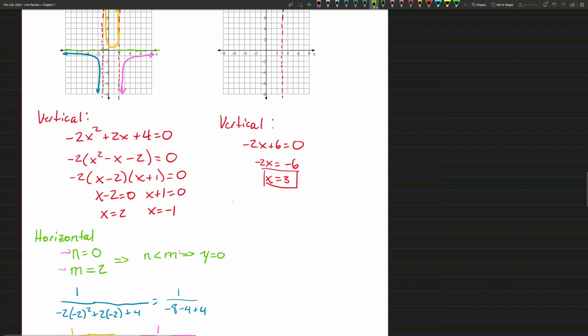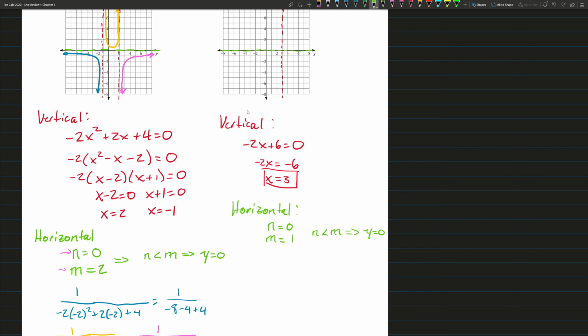We check the degree of the numerator, which is 0. The degree of the denominator is just 1. N is less than m still. So we have the same case, so y is equal to 0. Okay, so those are the 2 asymptotes.